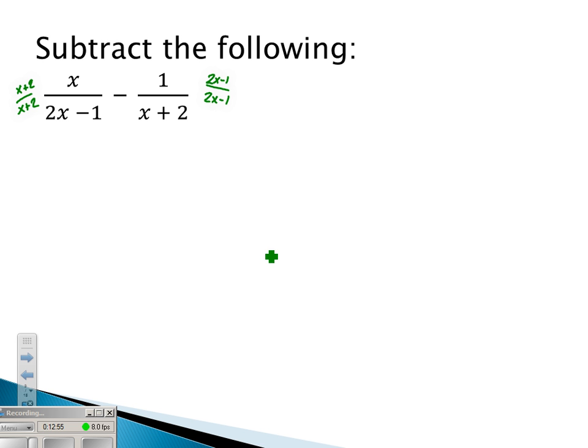Okay, so the first fraction top ends up being this. The second fraction top ends up being this, and all of that will be over that common denominator.